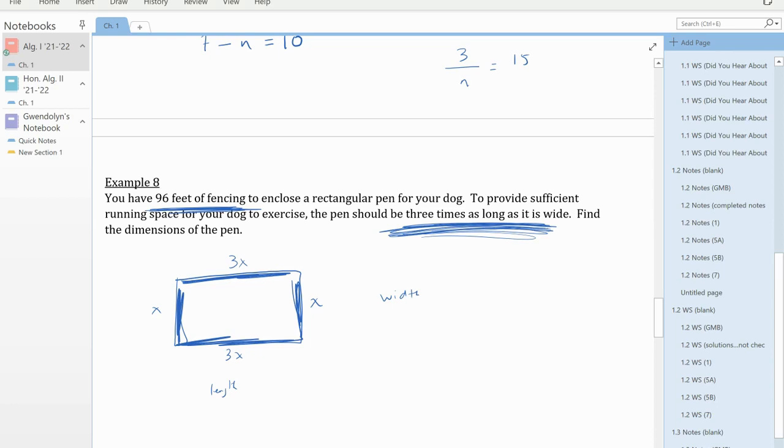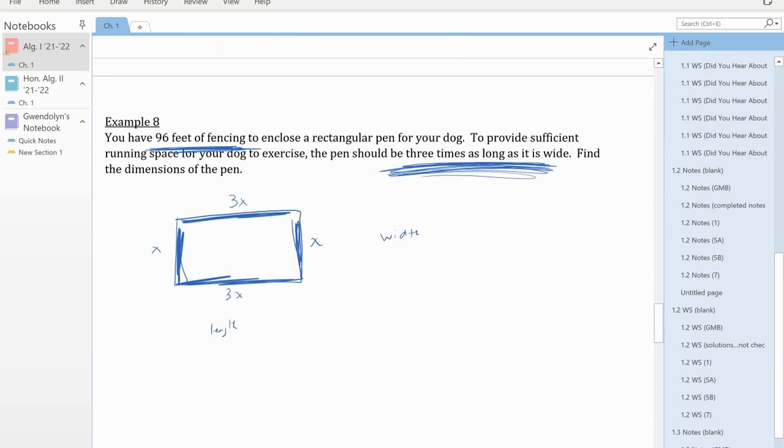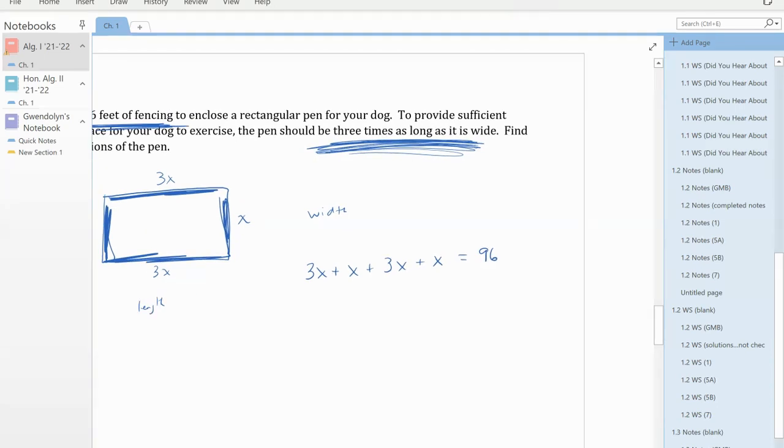So that's a perimeter. A perimeter is a distance around a shape. So what I'm going to do is take all those lengths, add them up, and say, okay, it's 96. So 3x and 3x, we're up to 6x, 7x, 8x.